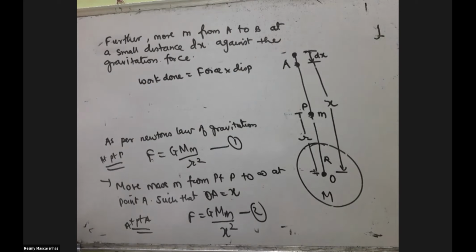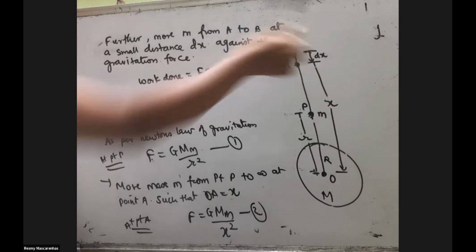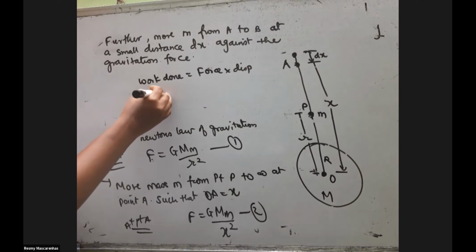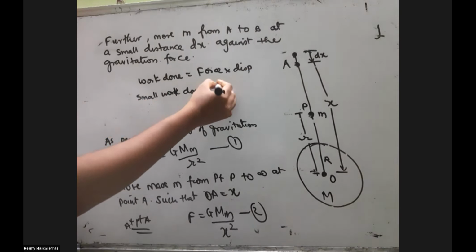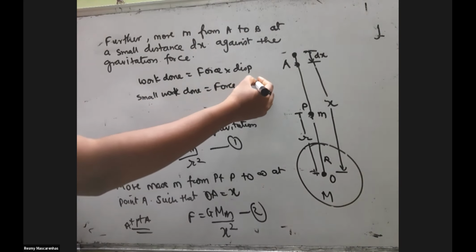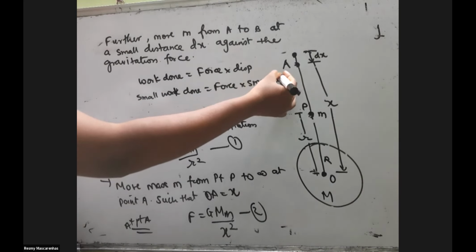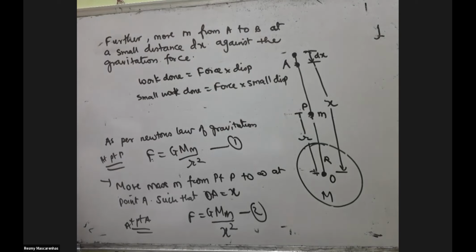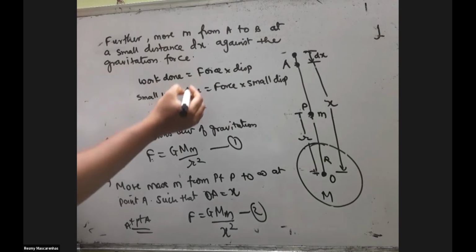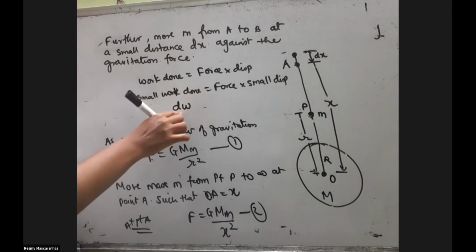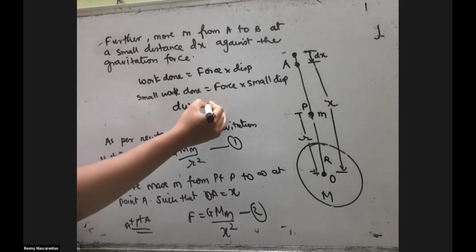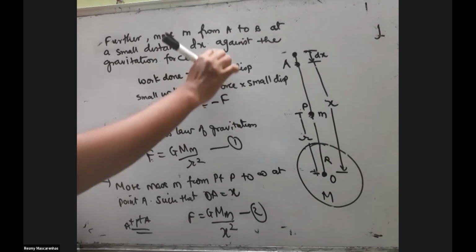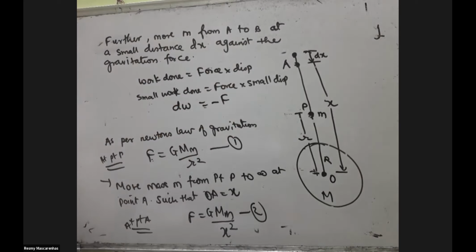Now what we are doing? We are doing a small distance, so small work done: force into small displacement. We'll use dW now instead of W because it's small work. Force anyway will not change, and we are using minus because we are doing it against the gravitational force.